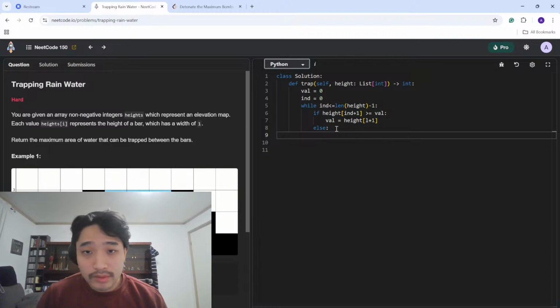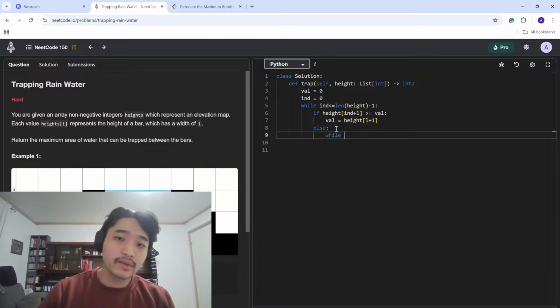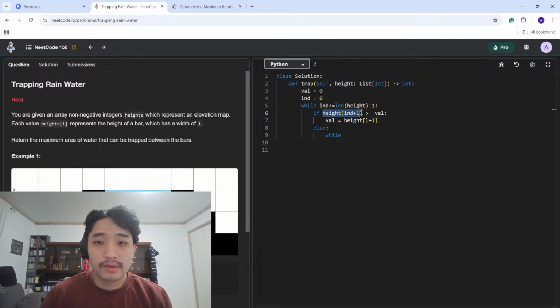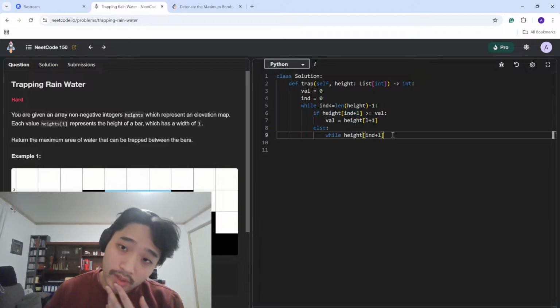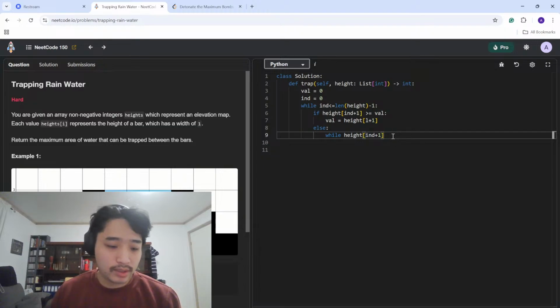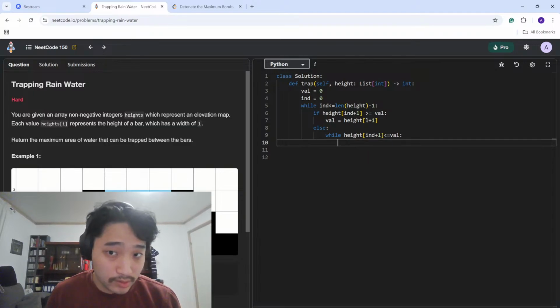Okay, let's see. So now I found something. So now over here it will be less. While, so while is less than equal to val. Well, it's not.